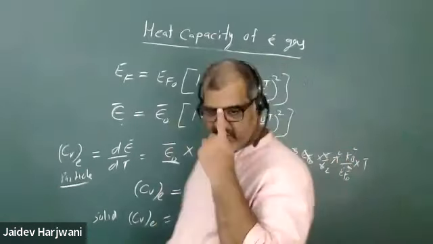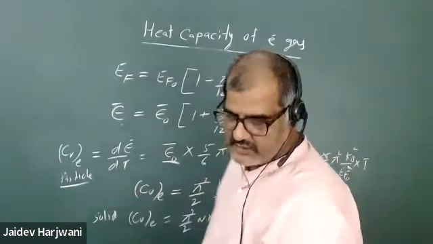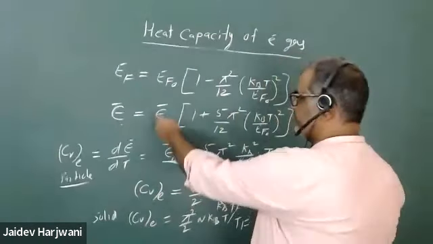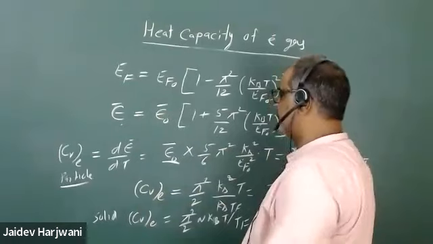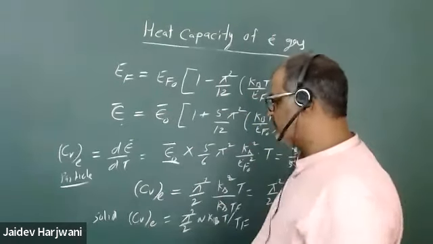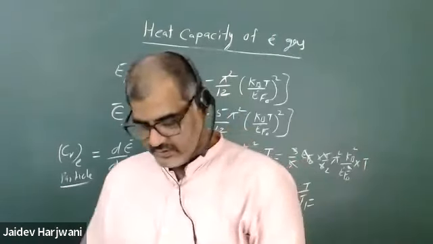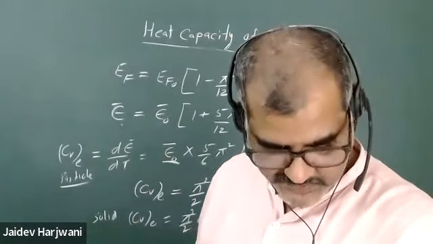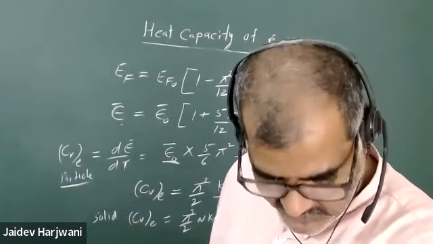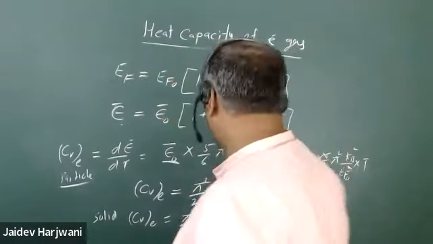You should also remember this way, because they can form questions here also. They can change some values, some dimension, and ask you these types of things. So this is your specific heat. We have accurately calculated the specific heat.